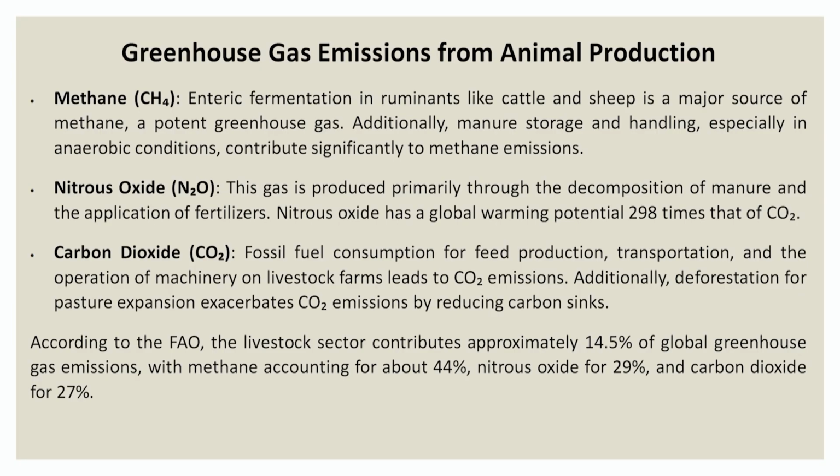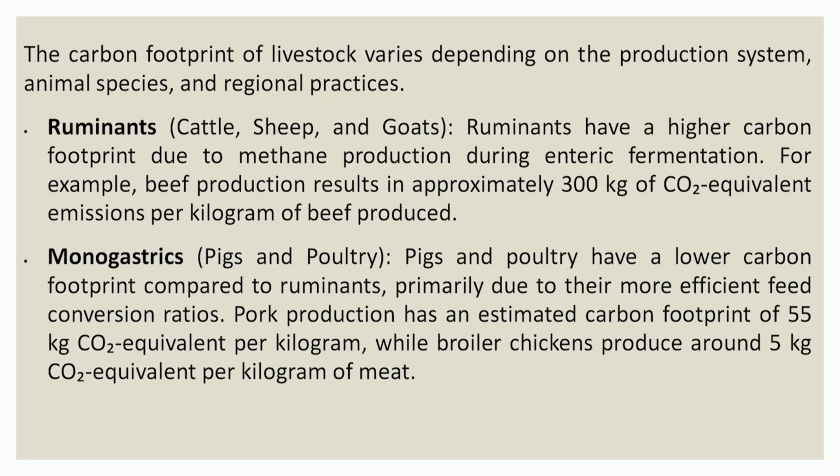Similarly, carbon dioxide, we all know, is produced from everywhere, and additionally deforestation for pasture expansion exacerbates carbon dioxide emissions by reducing carbon sinks. So the carbon footprint of livestock varies depending upon the production system, the animal species, and regional practices.